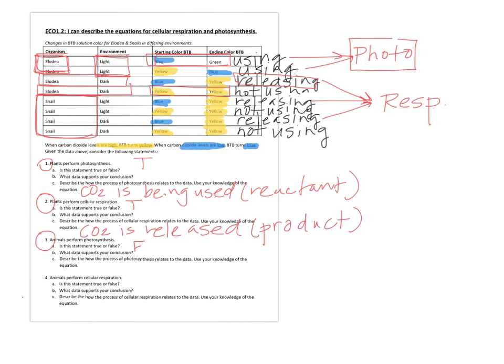All 4 of the snail examples support the conclusion because, again, we either changed from blue to yellow, showing carbon dioxide is being released, or it stayed yellow, proving that carbon dioxide is not being used. Photosynthesis, remember again, CO2 has to be used. So how does this apply? CO2 is not used by snails.